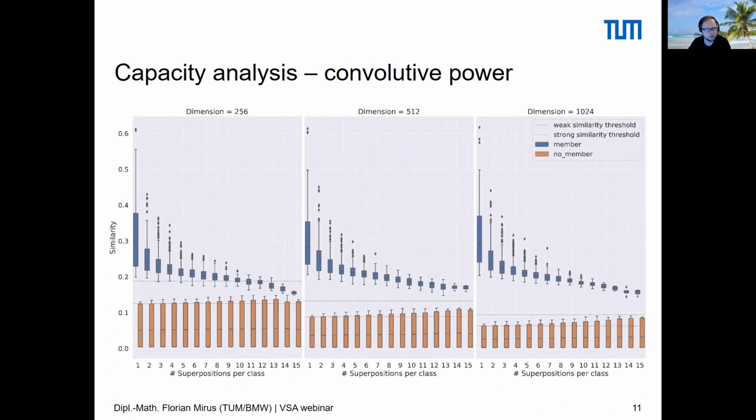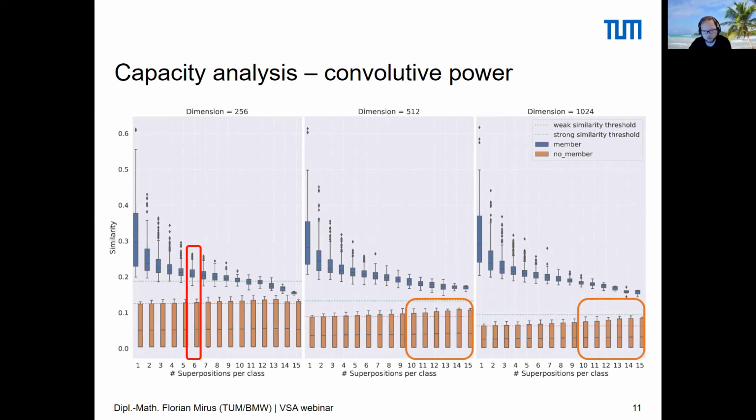But we are also interested in this number of superpositions per class, as we have seen in the example before. Here again we have the similarity on the y-axis, but now the number of superpositions per class on the x-axis. And here we can see that the number of superpositions per class drops a little bit. So for the 256 dimensional vectors, we can safely add up to 6 items per class.